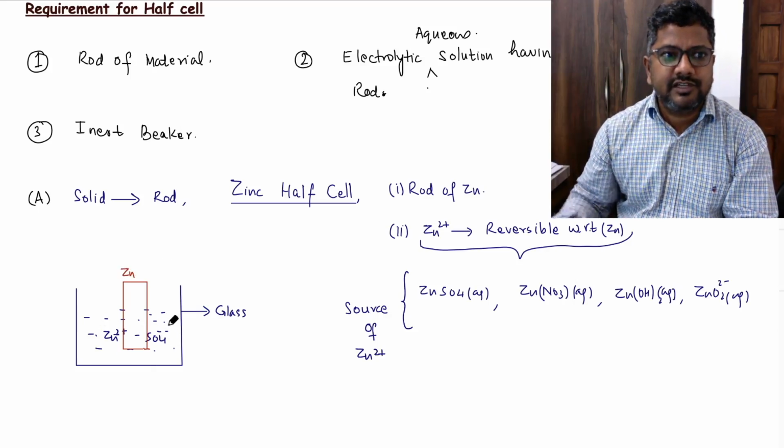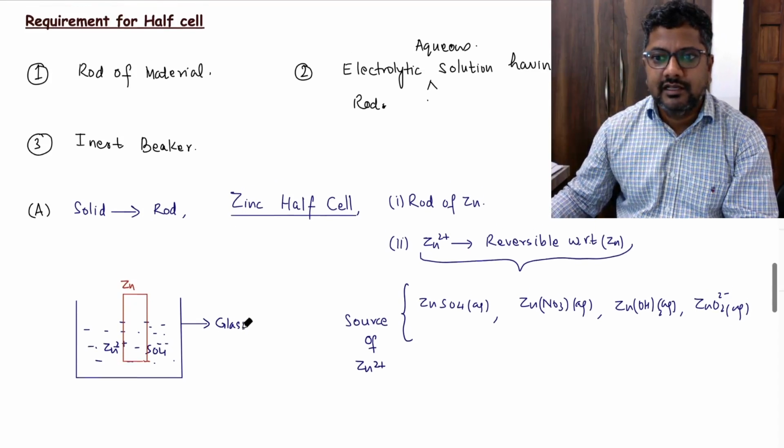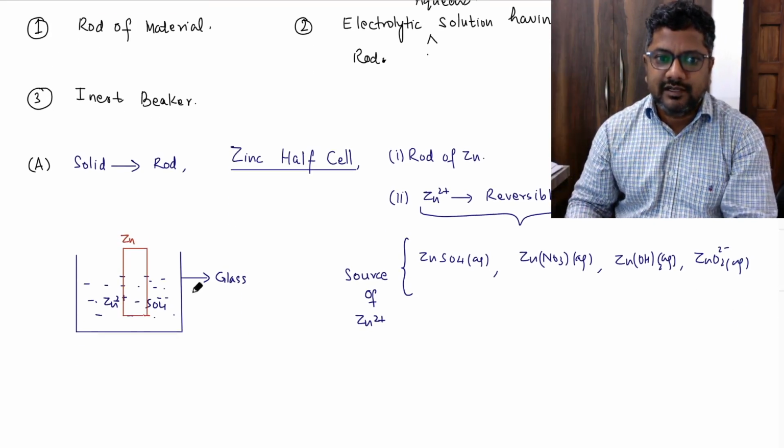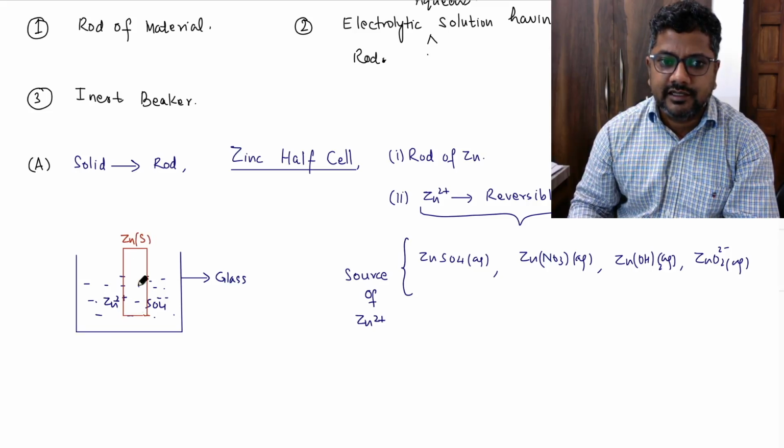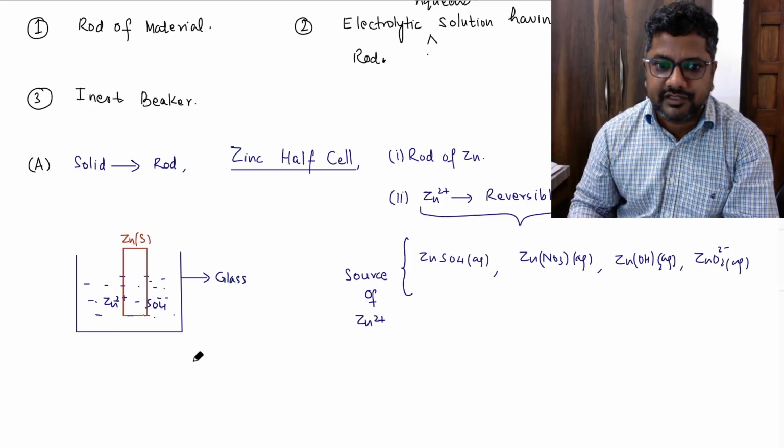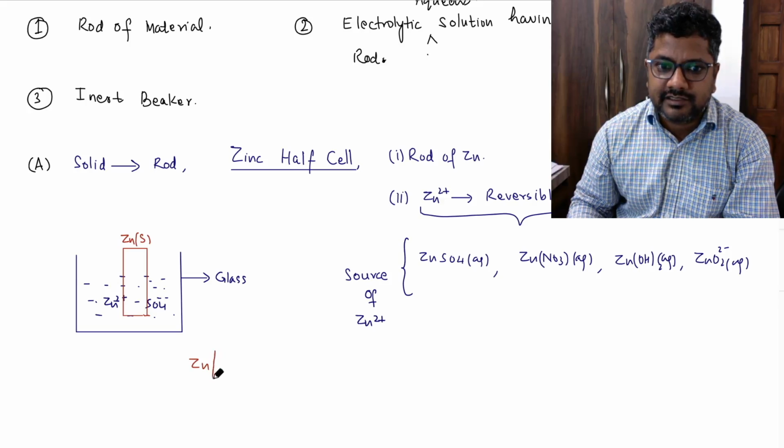So this is the representation of a half cell, a diagram. See, this is solid Zn, and this is in contact with the liquid phase. So here you can write an interface slash like this.